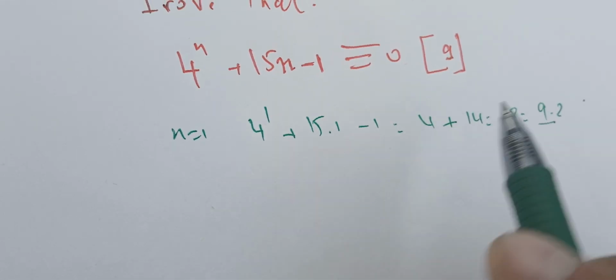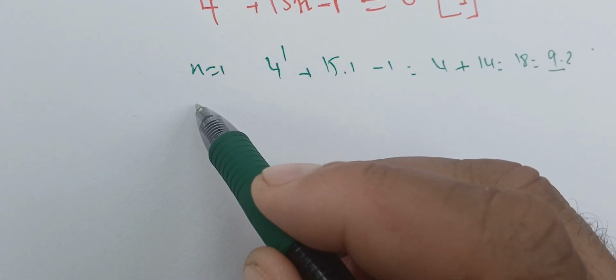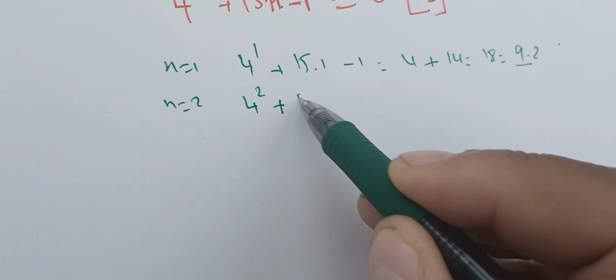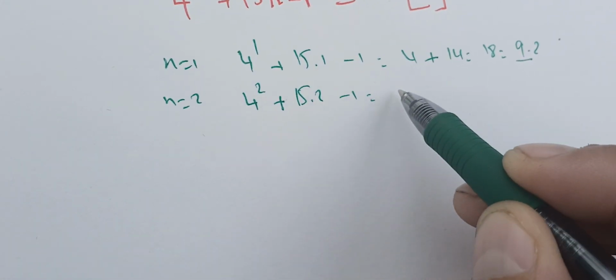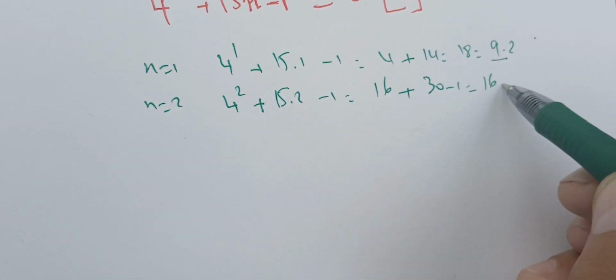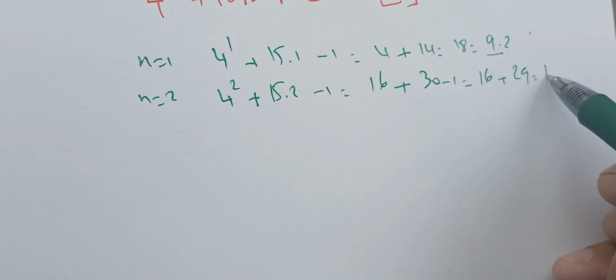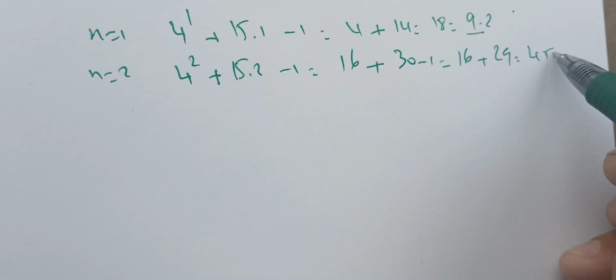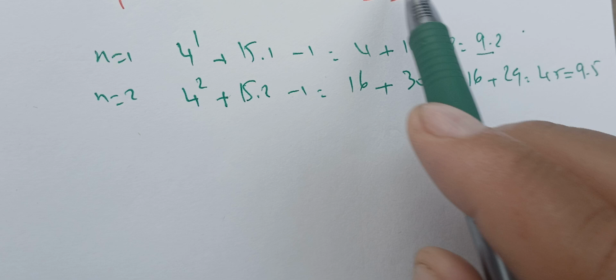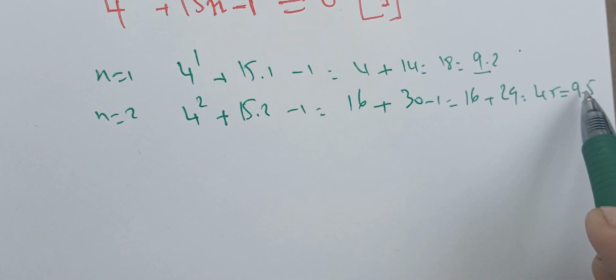For n equals 2, we have 4 squared plus 15 times 2 minus 1. That's 16 plus 30 minus 1, that's 16 plus 29, that's 45. And 45 can be written as 9 times 5, and therefore 9 divides this number.